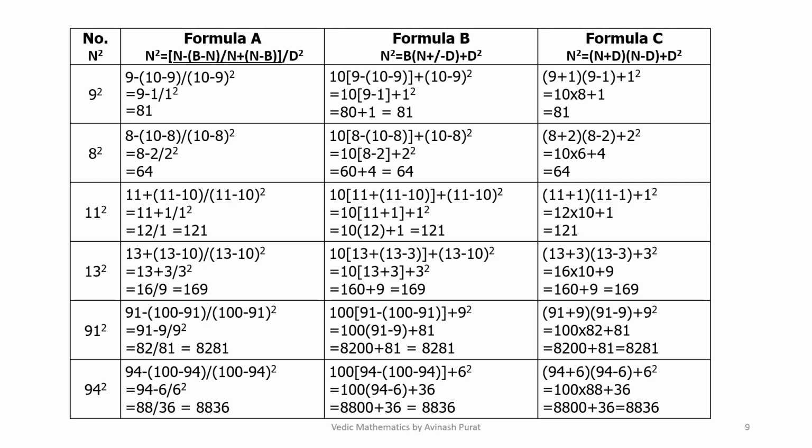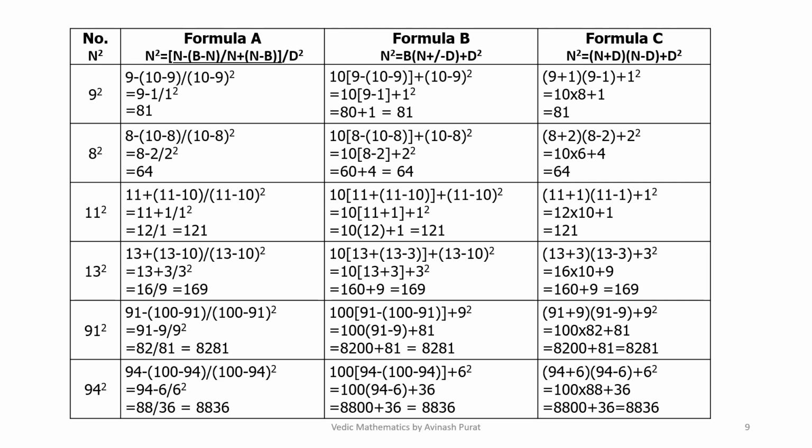Next example, 91 square. First formula: 91 minus 9 stroke 9 square, that is 82 stroke 81, equal to 8281.